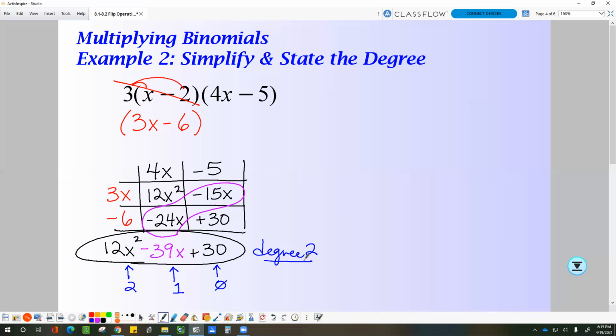Some people don't use box method, they use FOIL. So if you would prefer to use FOIL, that's fine. I'm going to use this 3x minus 6 along with the 4x minus 5. So really it doesn't matter what order you multiply these in.